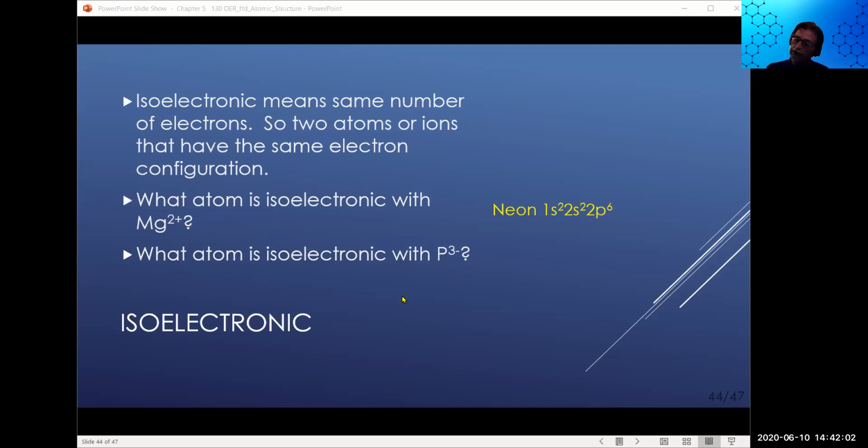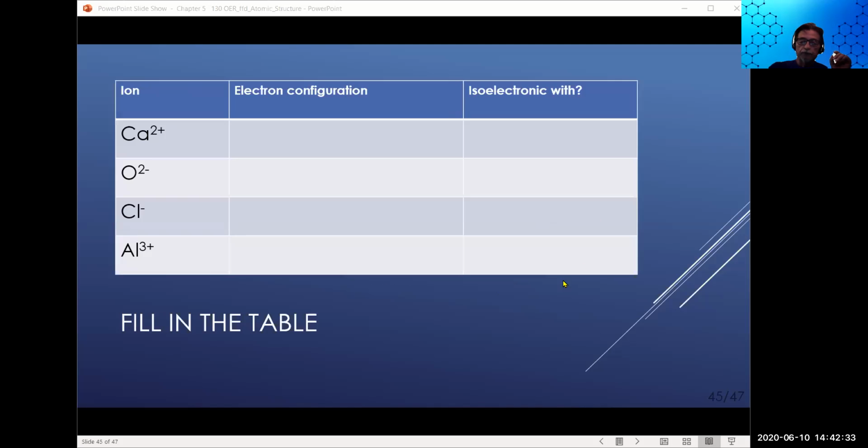So now its new electron configuration is like neon. 1s2, 2s2, 2p6. So the magnesium ion is isoelectronic with neon. Iso meaning the same number of electrons. Okay. Phosphorus becomes phosphide. And now when it becomes phosphide it is isoelectronic with argon.